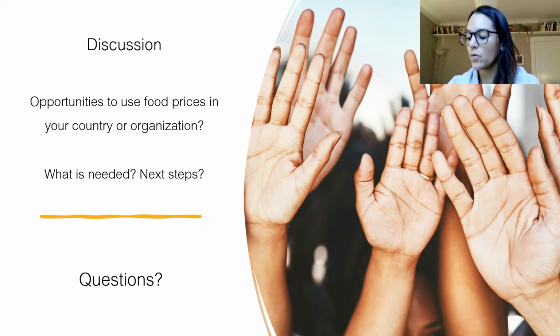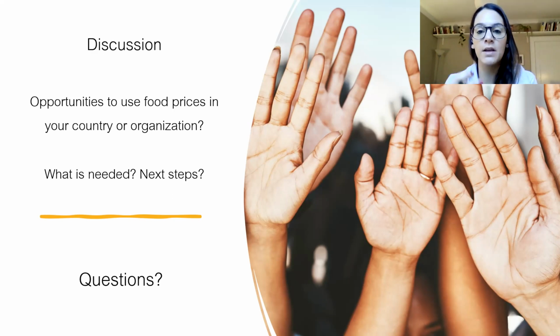So I think one part of the answer to this question, from my perspective and from the perspective of our project, is to make a set of information, specifically food prices, more easily accessible to people so they can use them rather than spending time and resources collecting their own food price data. It's very time consuming, and I think it can be hard to collect really high quality food price data.